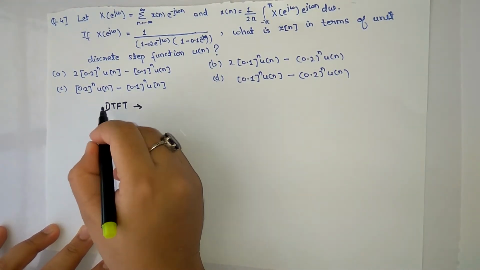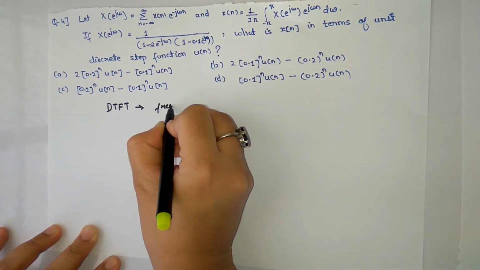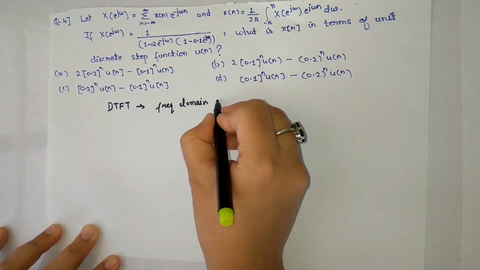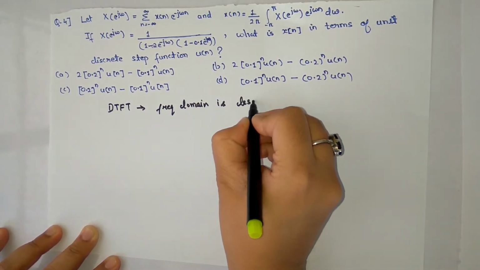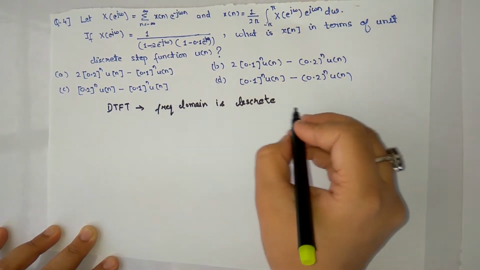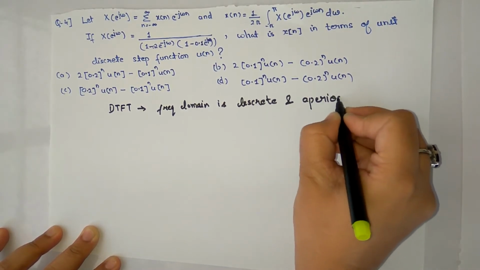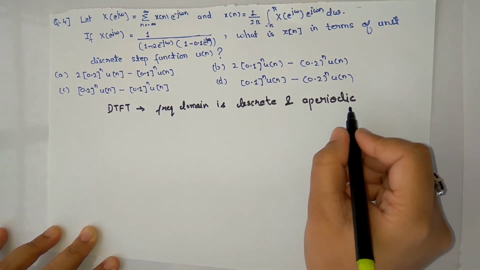We know the discrete time Fourier transform in frequency domain is discrete, and since it is a transform, it is aperiodic. So in frequency domain it is discrete and aperiodic.